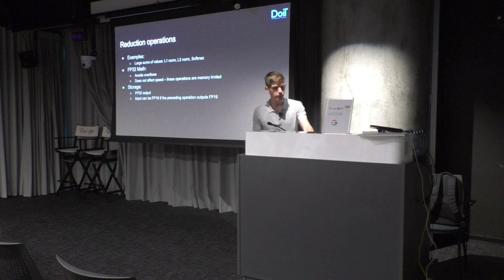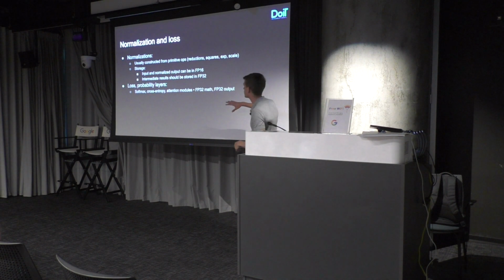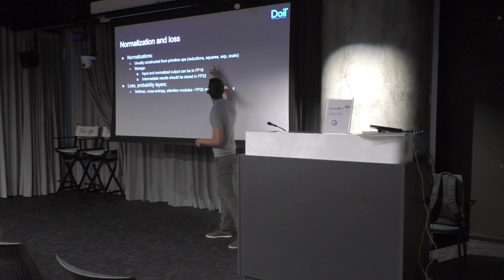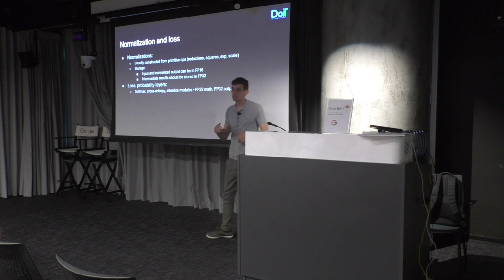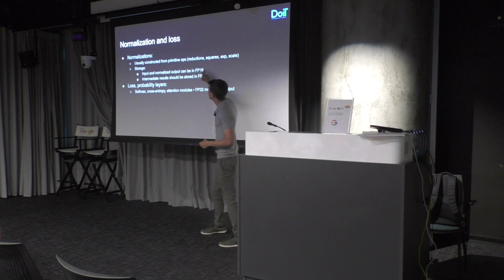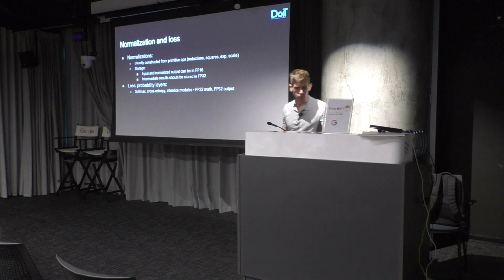And another operation that we have is normalization and loss. These kind of operations are basically a combination of a few previously mentioned operations. It can be reduction, it can also be the weight multiplication. So if we're doing reduction to calculate the loss, then we also want to do the loss in floating point 32.